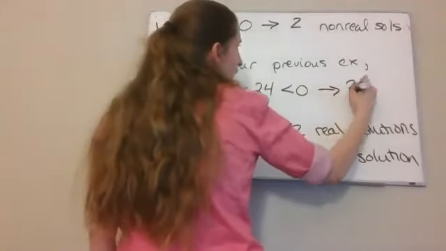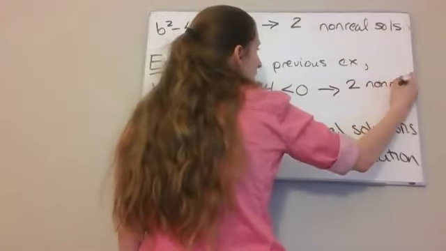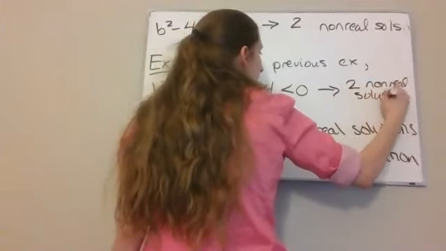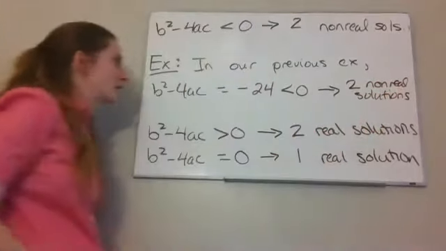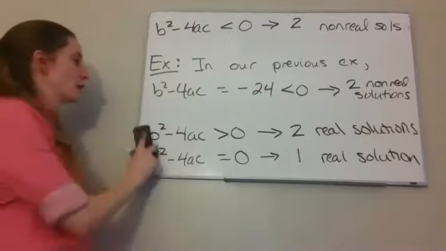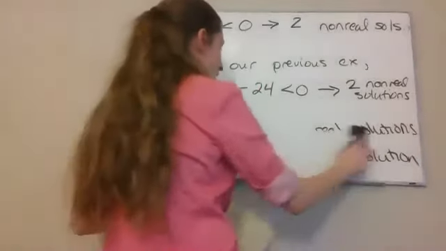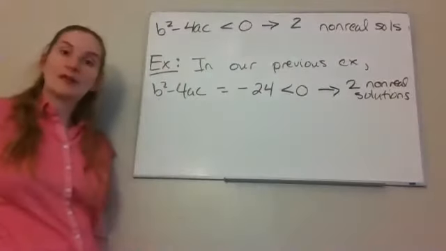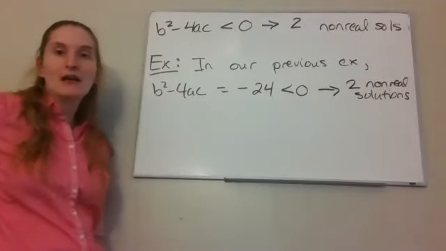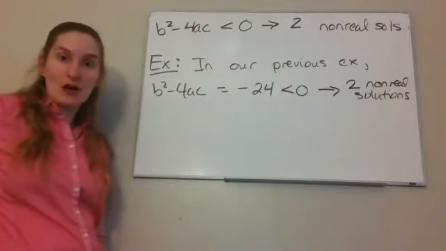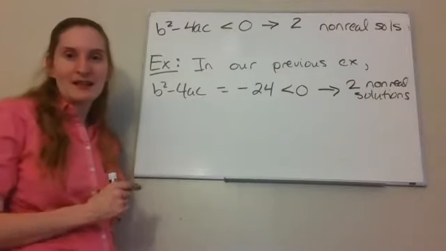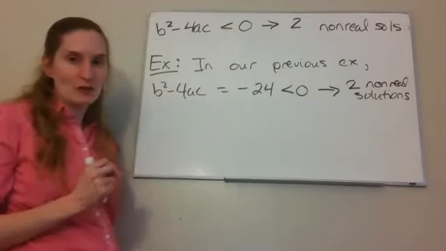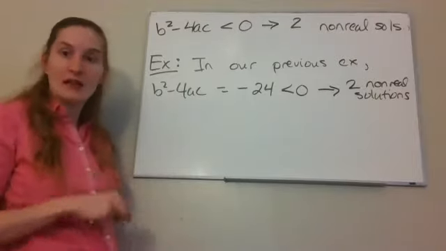So that would have two non-real solutions. And we actually solved that example all the way through. Remember the answer that we had? We had 3/5 plus or minus the square root of 6 over 5 times i. So that i makes our solutions non-real. That plus or minus indicates that we have two different solutions, one that uses plus and one that uses minus.